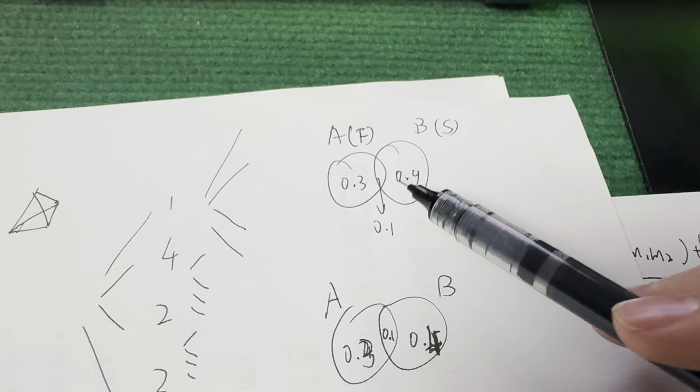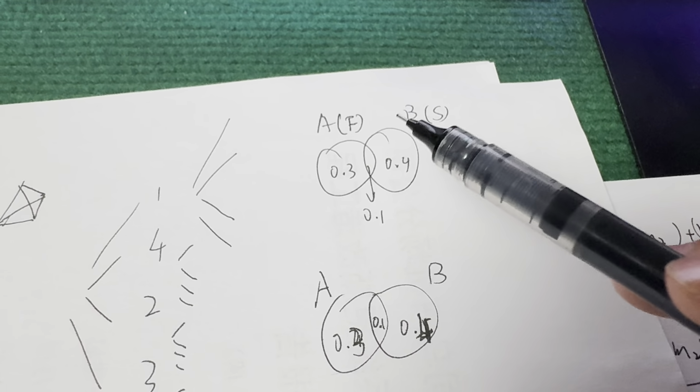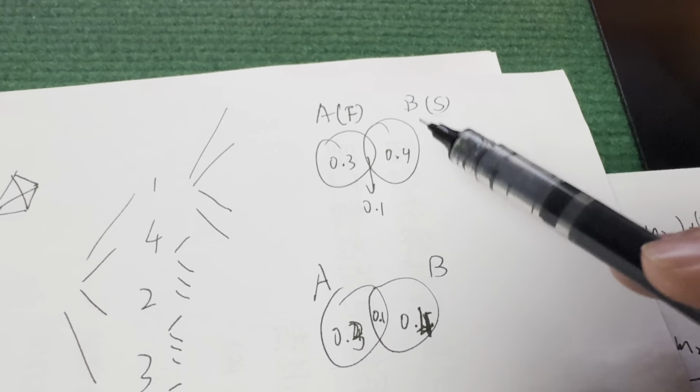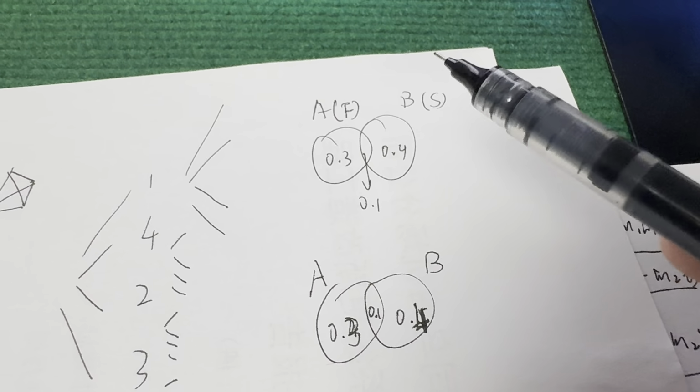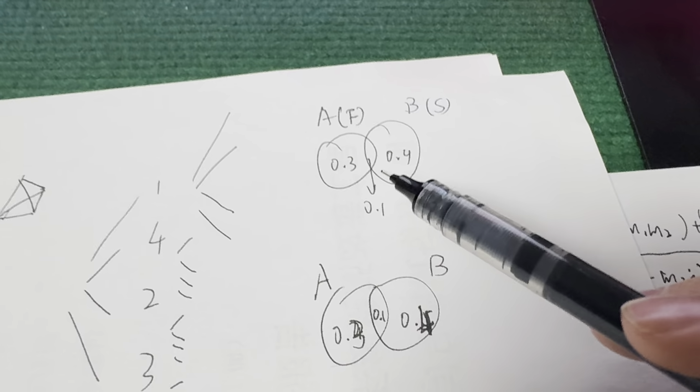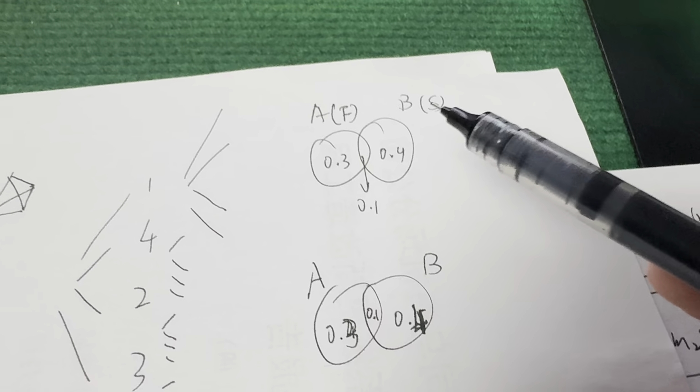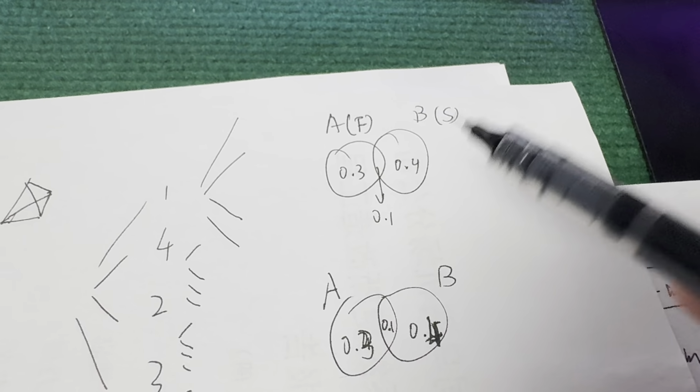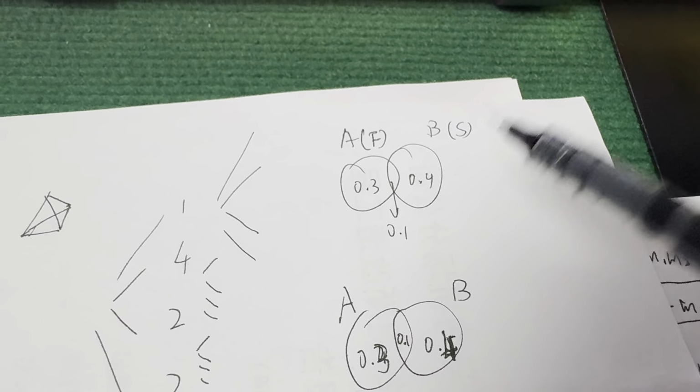The probability that the selected student studies French is 0.4, and the probability that the selected student studies Spanish is 0.5.